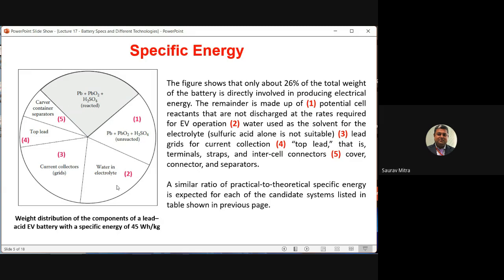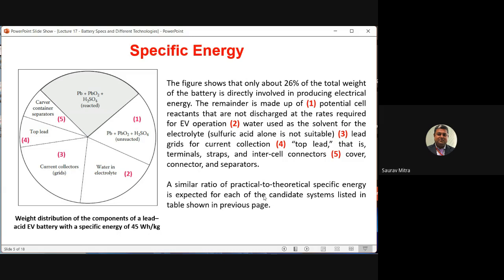Because this 26% is generating this 45. If the remaining 74% was also reacting material, or if they were also generating energy, in that case the actual specific energy would have been 45 divided by 0.74, and that would have actually increased the specific energy of the whole thing.